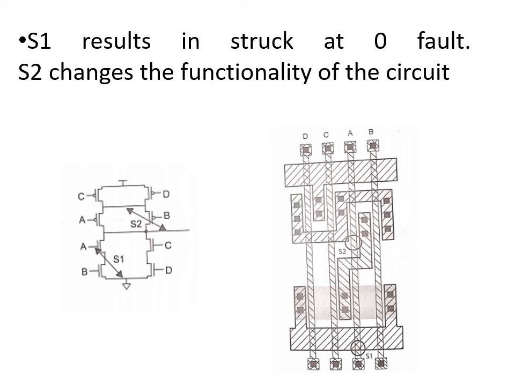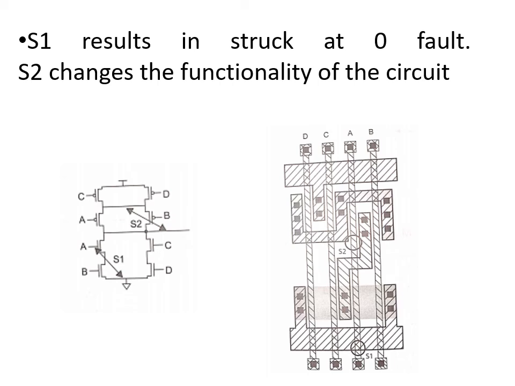Because of this short, that is the shorting of the input line to ground, stuck at 0 takes place, because whatever input is applied, the input line is always at logic 0 as it is shorted to the ground. And because of this short S2, the functionality of the circuit changes.